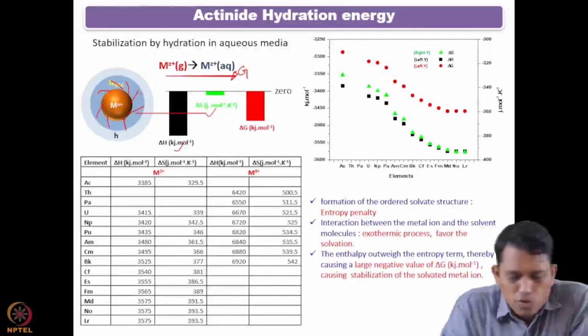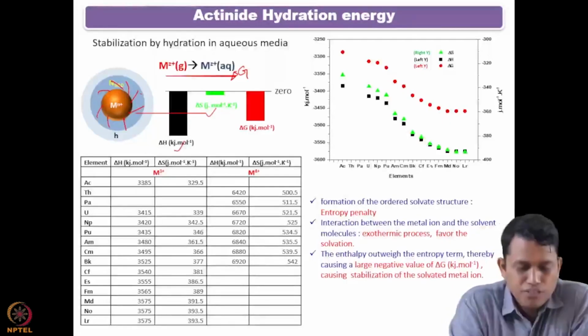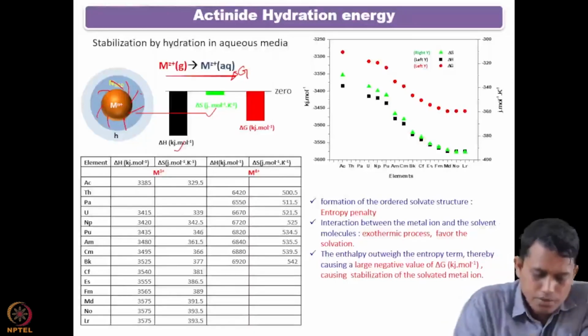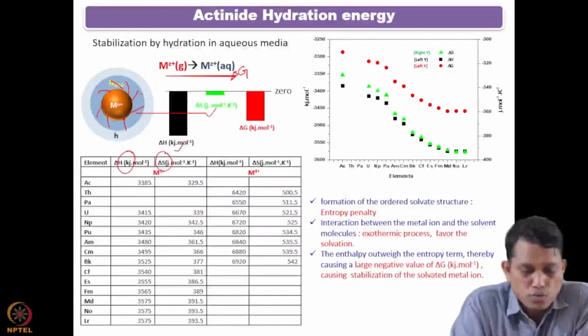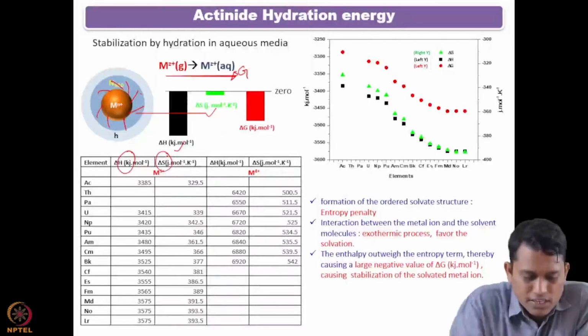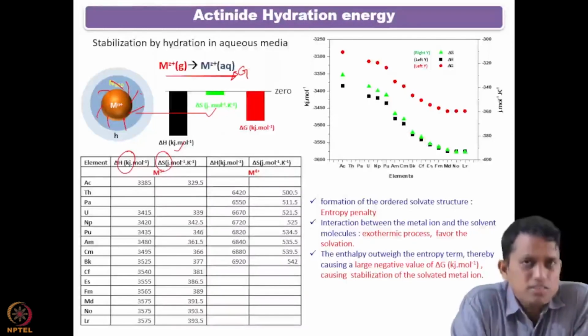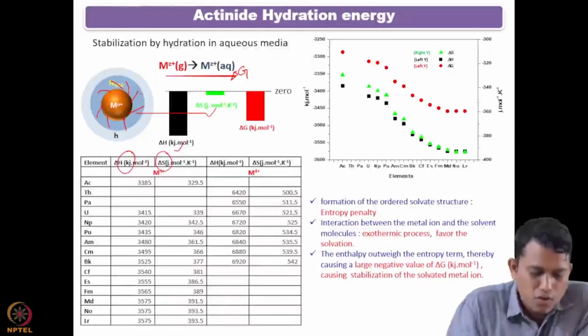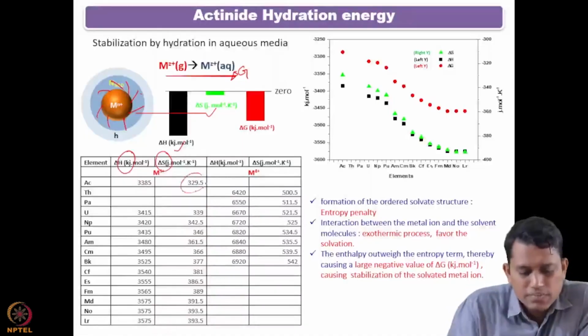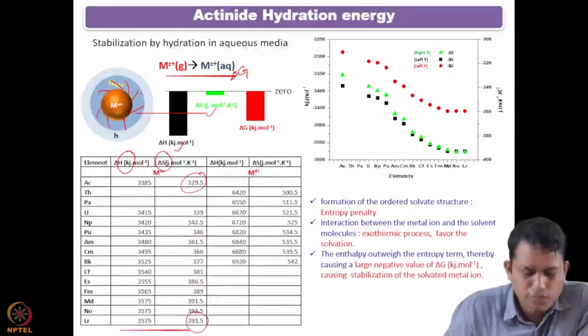But regarding the amount of delta S, if you see from the table, keep in mind that these values are in kilojoule for delta H, and for delta S it is in joule. I have written it specifically in joule because that is the unit we generally prefer. The delta H values are of the order of 3000 to 3500, whereas the delta S is between 300 and 400.